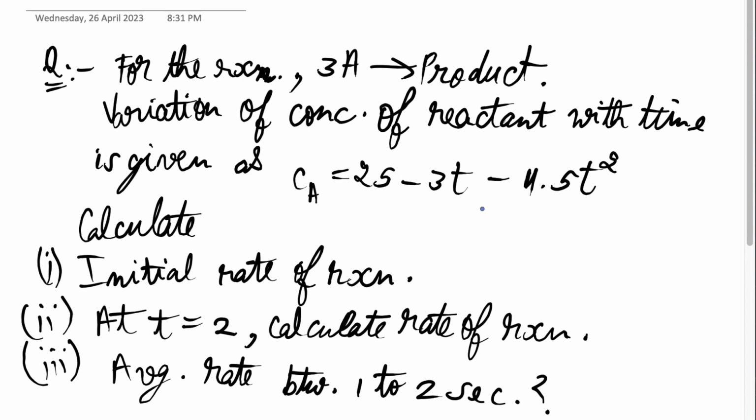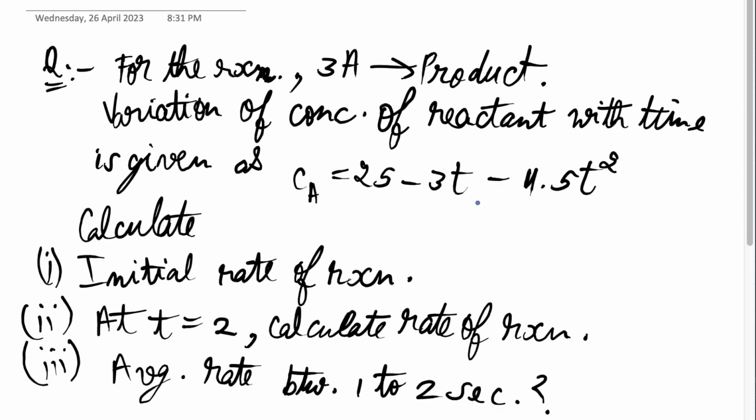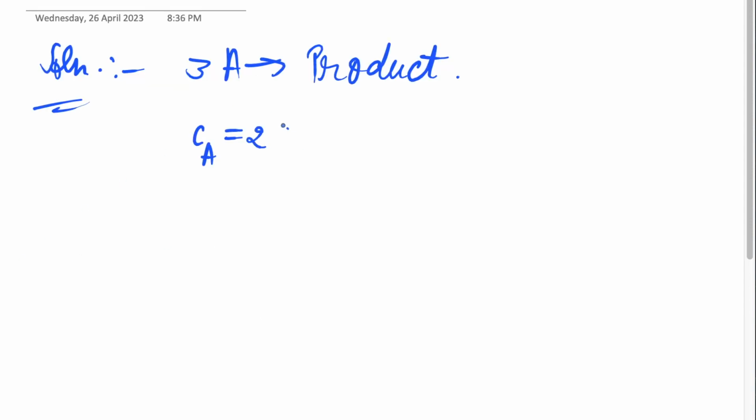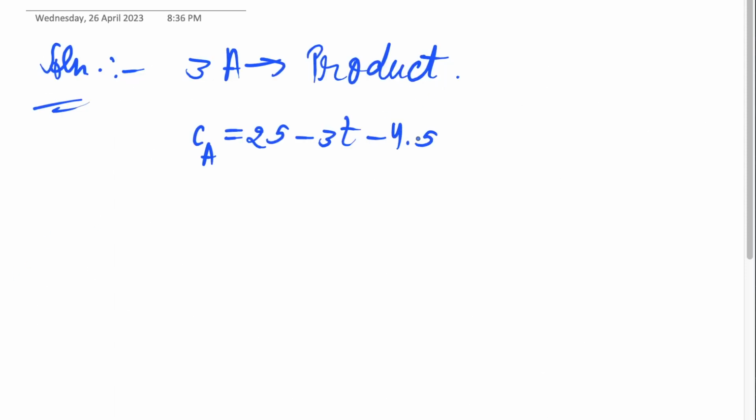First, let's write down this equation, the variation of concentration of reactant with respect to time. So Ca is 25 minus 3t minus 4.5t square.